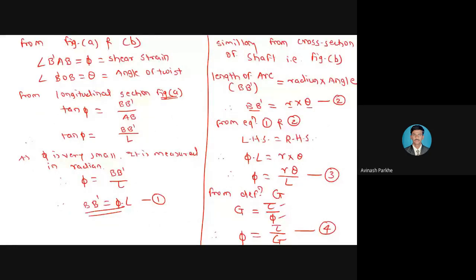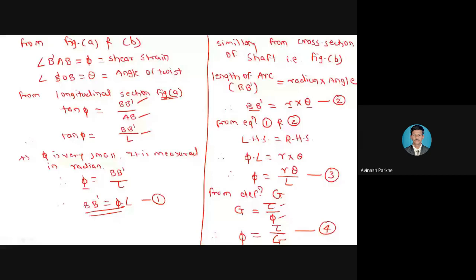From the first figure, figure A, we have applied the tan rule. Tan phi is equal to front side upon adjacent side. So front side BB dash divided by adjacent side AB, and I have written the formula BB dash upon L. But that phi is very small, it is measured in radians, therefore tan phi is replaced by only phi, and I have written equation number 1 in the form of BB dash.